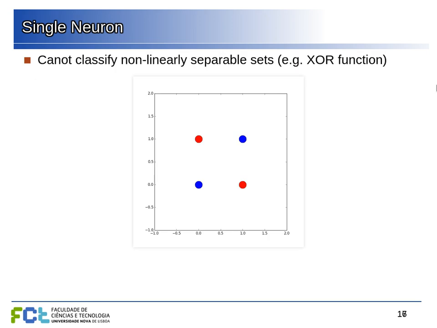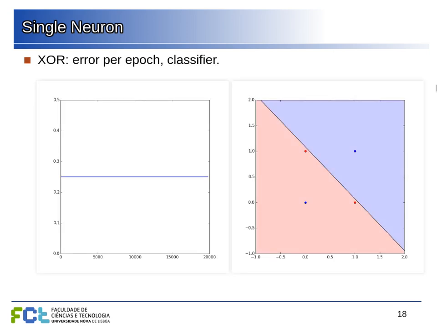However, one neuron cannot classify a non-linearly separable set of points, because in this case, for instance, the exclusive OR function, which is false when both are false and false when both are true, is not linearly separable, and we cannot fit one line here that separates the two classes. So if we try to train the neuron with this exclusive OR, the error gets stuck here at 0.25, which is the square of 0.5.